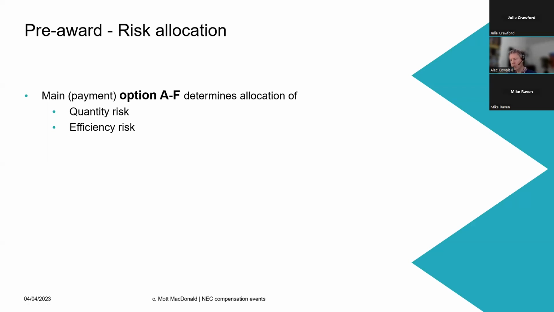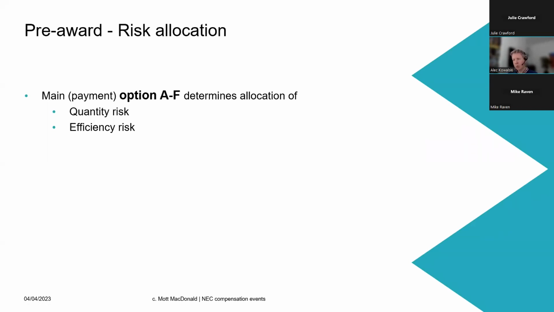If we go all the way to the other end of the scale and we talk about option E, that's a cost reimbursable option. The contractor carries almost no risk. The client is going to hold the quantity risk and the efficiency risk. You're going to pay the contractor for whatever they do.